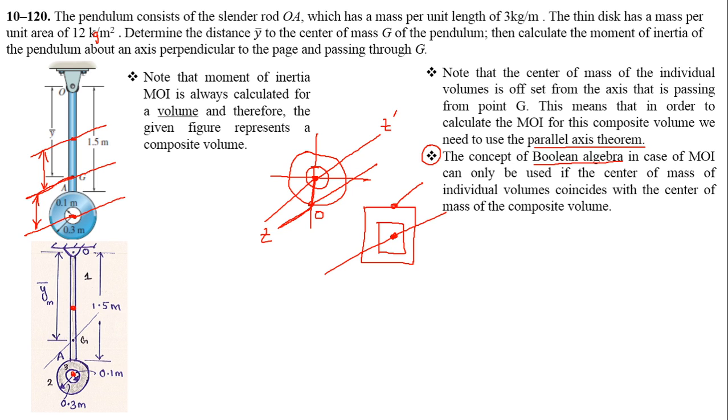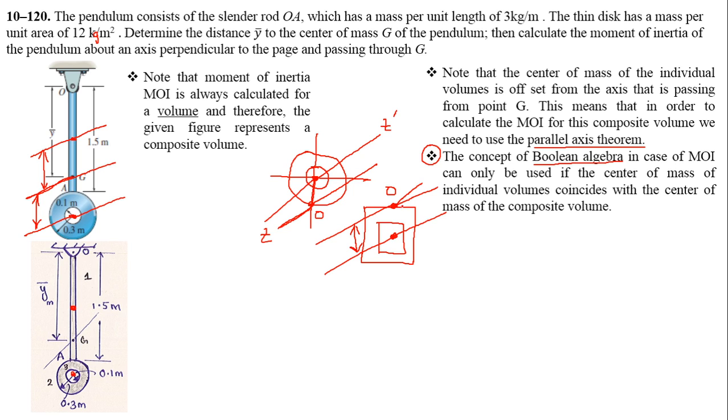So again, you will be using parallel axis theorem to calculate the moment of inertia of this composite volume about point O. Similarly, if I ask you to find the moment of inertia of this composite shape about an axis that is passing from this point O, you can realize that the centroids of all these constituent volumes are offset from this axis. So there exists a perpendicular distance between the two axes, and therefore again you have to use the parallel axis theorem.